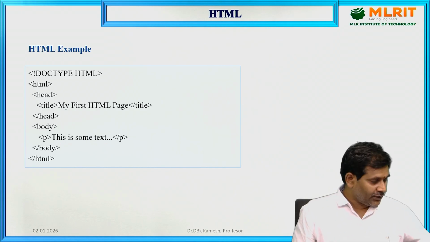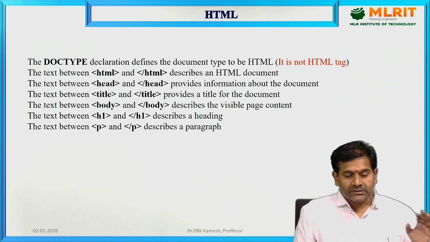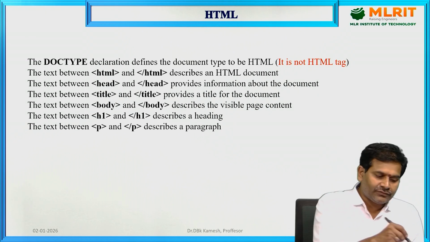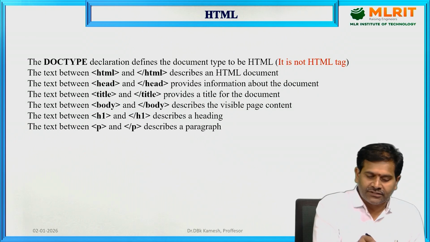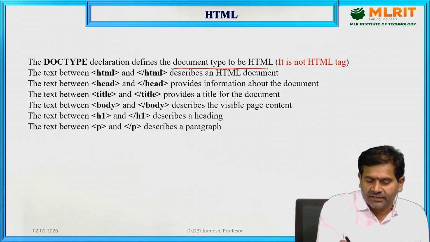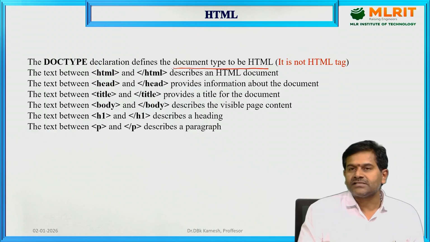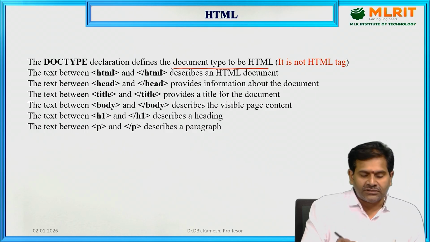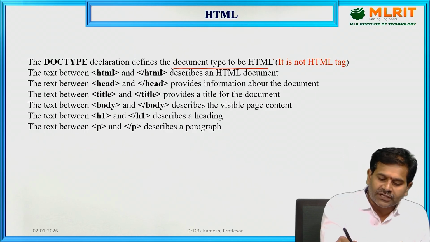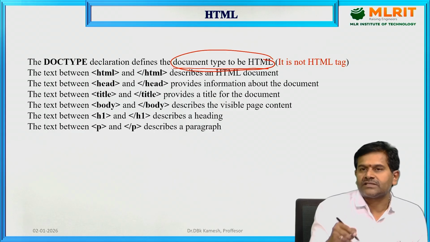Now, what is the doctype? It is a declaration that defines the document type to be HTML. It is not an HTML tag, but it is used as the document declaration, and it is the first line.